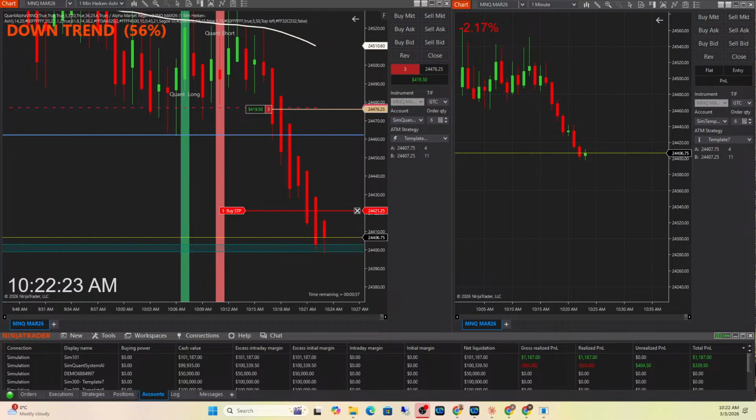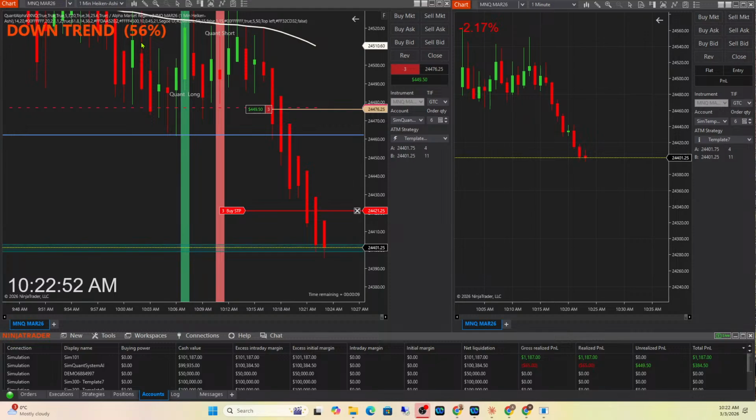We're still in the trade. Alpha A Plus didn't take any trade this morning. See, we are now in a downtrend, 56%.